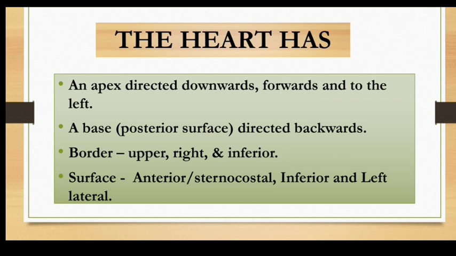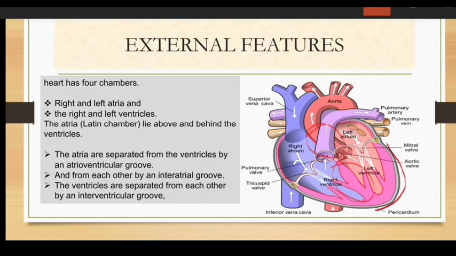The anterior surface is known as the sternocostal surface, the inferior surface is the diaphragmatic surface, and this portion is the lateral surface. This portion is known as the apex, this portion is known as the base, right?